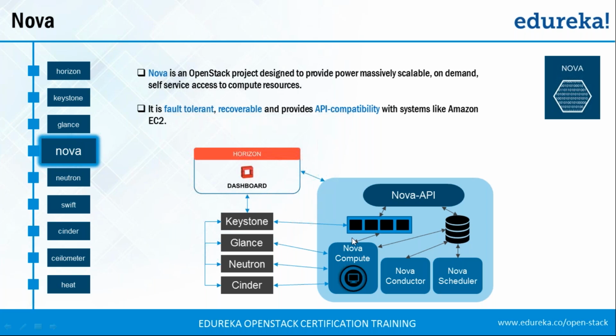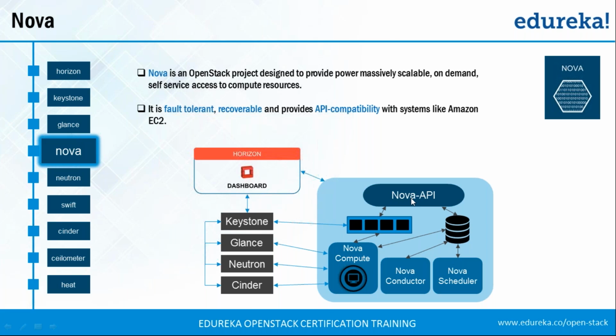So we can have multiple compute nodes running together in our OpenStack environment, and all these compute nodes will be hosting virtual machines based on user demands. So it is possible for us to add more compute nodes and add to the capacity of our OpenStack Cloud.